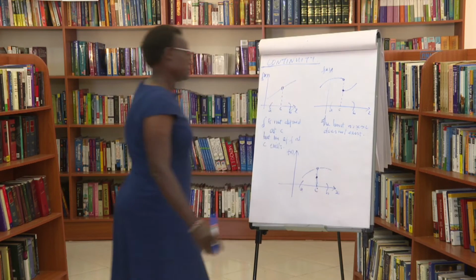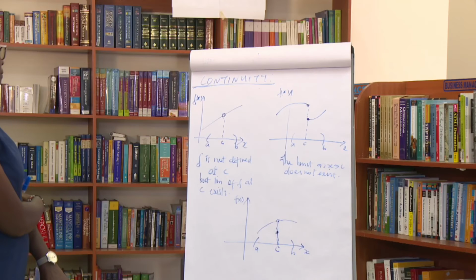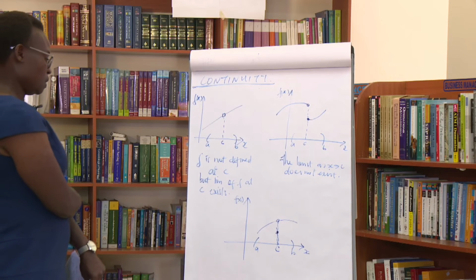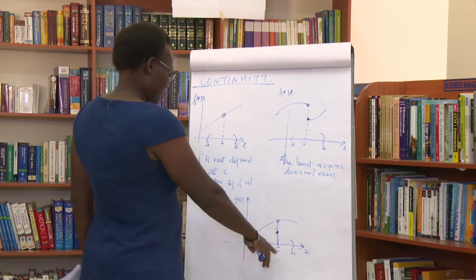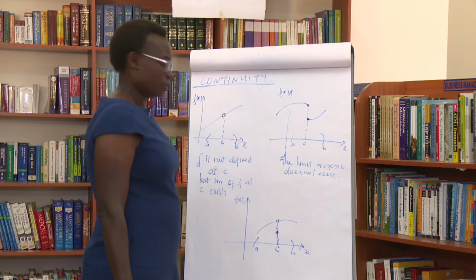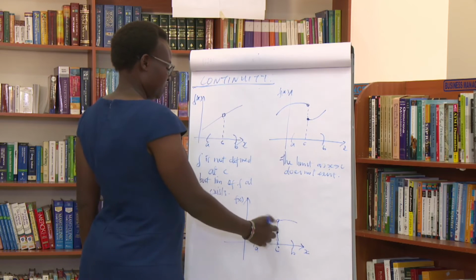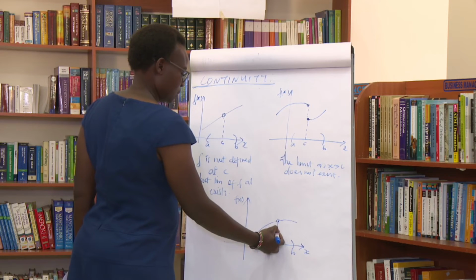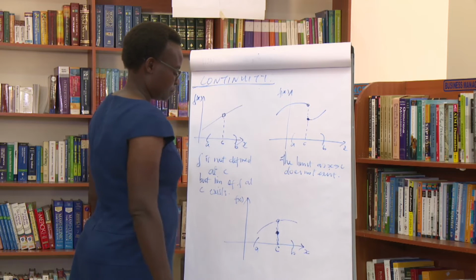That is our point C. So again, the function is not defined there, because if we insert the value of C, or we get the value of f of x at x equals C, you can see it's giving us a totally different value, this is the value that it is giving us.